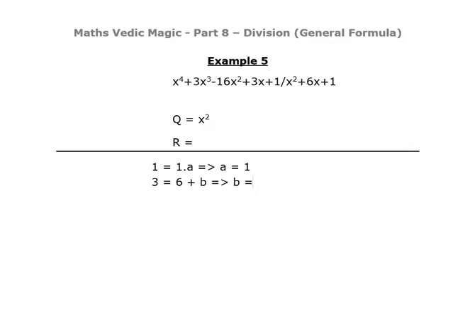The next highest power in the dividend is minus 16. So how can we achieve minus 16x square?